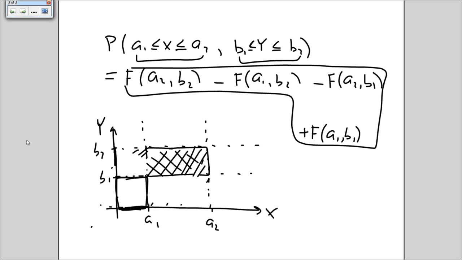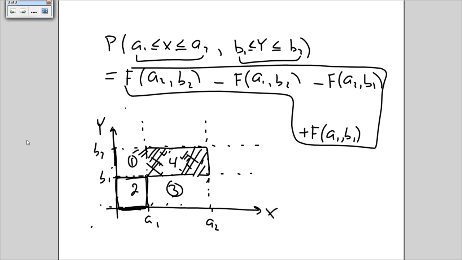And all we did was we found some probability that contained this area, but unfortunately it contained too much. In fact, it contained region 1, 2, and 3. How about we number them? 1, 2, 3, and 4.